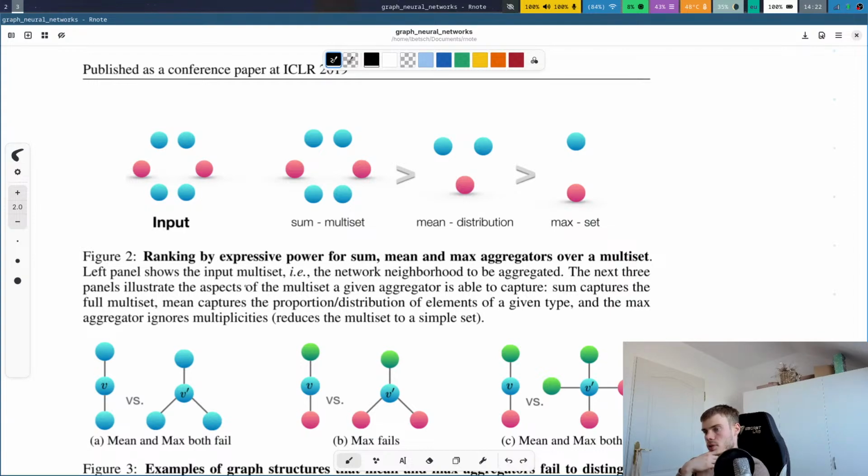Sum captures the full multiset. Mean captures the proportion distribution of elements of a given type. Okay, so we have two red, we have 4 blue. So what can this thing capture? Only the ratio between red to blue. Okay.